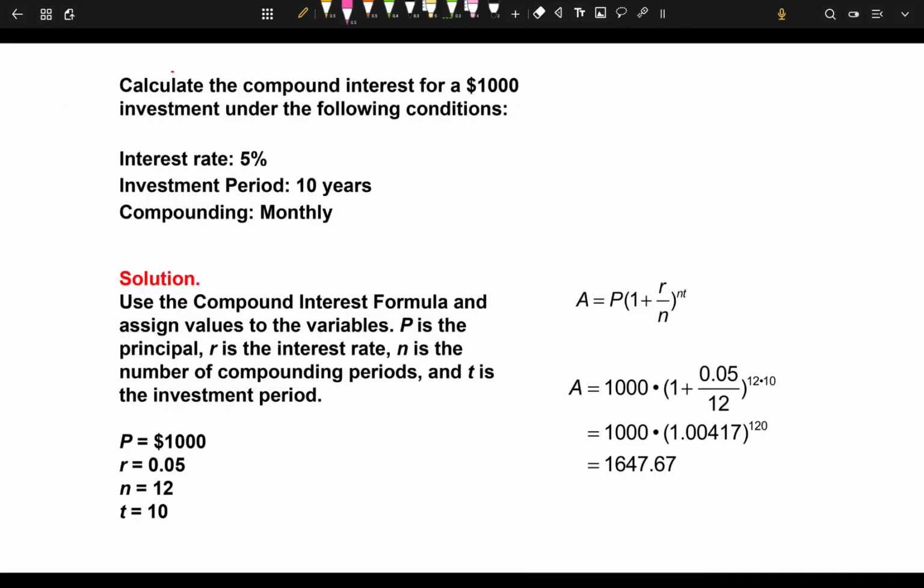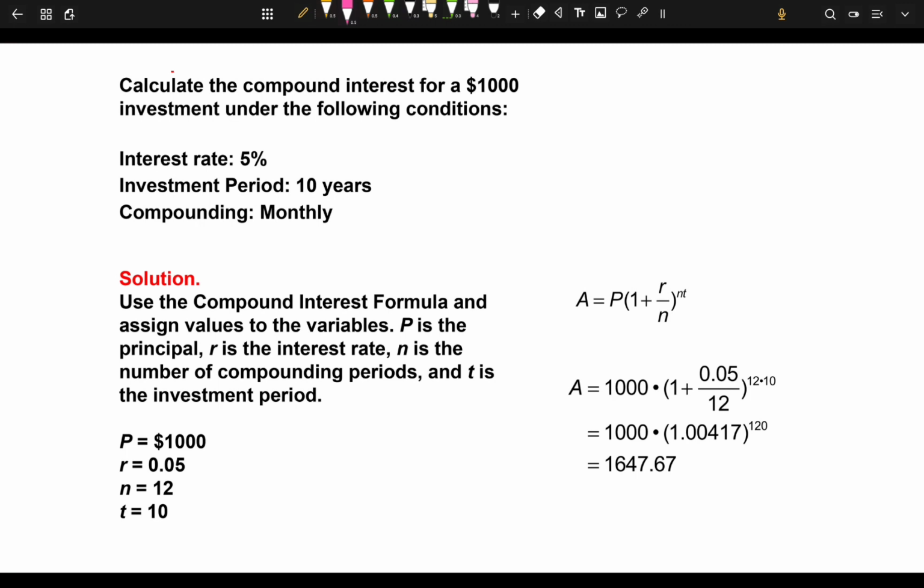Another example po tayo. Sabi dito, calculate the compound interest for $1,000 investment under the following conditions. So, may sinet sila na conditions na kung saan yung ating interest rate per year is 5%, investment period which is yung ating T, which is equal sa 10 years, and yung ating compounding, yung N, is monthly.